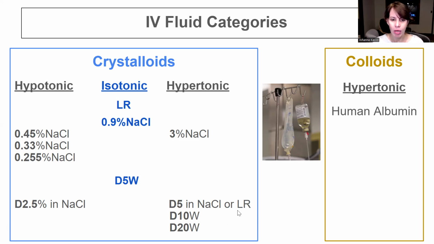So anytime I put D5 in something else, it does have more solutes in it. So it is hypertonic. And then of course, D10 and D20, those are higher numbers of solutes, so those are also hypertonic. And again, those are the crystalloids. The colloids, which are the larger molecules, the albumin and the fresh frozen plasma, those are hypertonic as well.